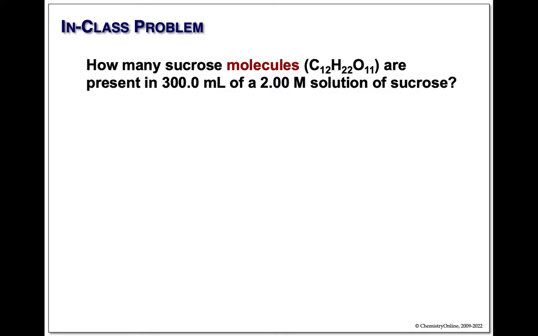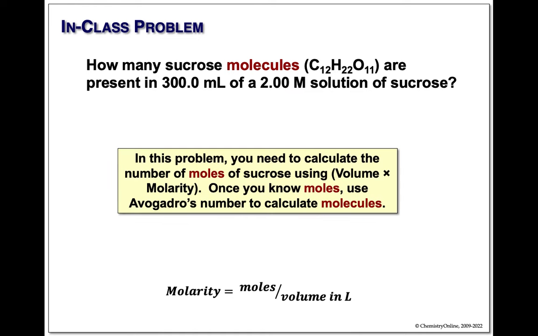Well, let's remember, moles divided by volume is molarity. In order to find out how many molecules we have, we need to know how many moles we have, right? So we're simply solving for moles. Then, once we know the number of moles, Avogadro's number gives us molecules.